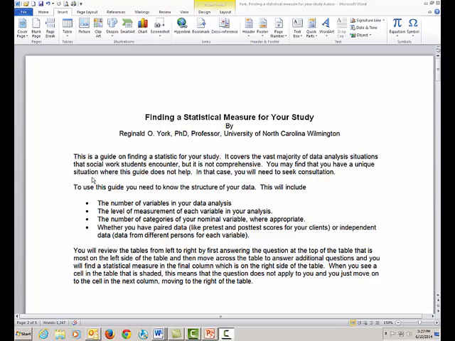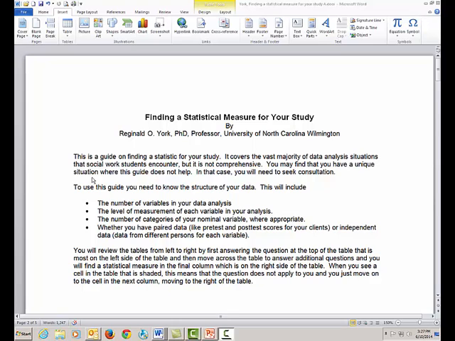While you're using that table, when you see a shaded cell in a column, it simply means this question does not apply to you, and you just move on to the cell in the next column, moving constantly to the right of the particular table.